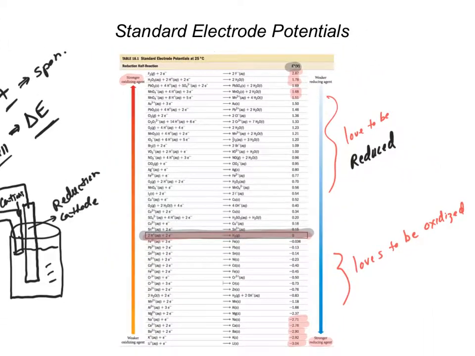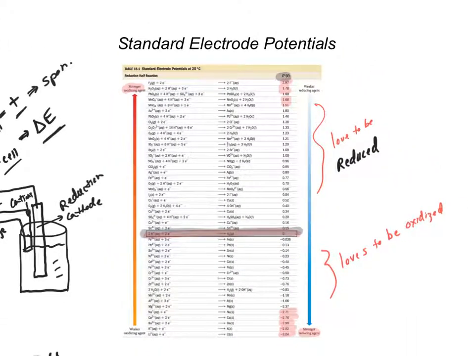I also noted last time that everything up here with positive standard reduction potentials, all of these guys love to be reduced, okay? So everything that had a positive value with respect to the reduction potential relative to hydrogen loves to be reduced, whereas everything down here at the bottom of the table that had negative potentials, these guys all love to be oxidized. They love to give up their electrons, okay?